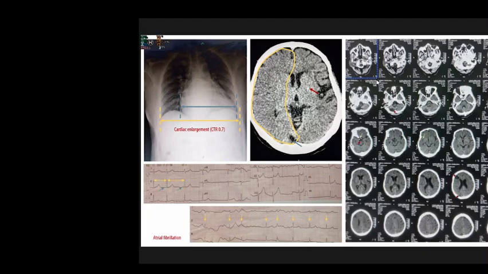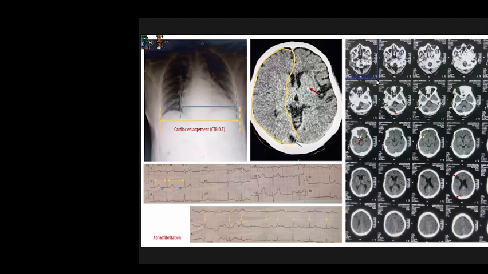On the right is another CT of our patient. We can see a hyperdensity in the basilar artery and MCA, which may indicate atherosclerosis due to the calcification, the atherosclerotic plaque.